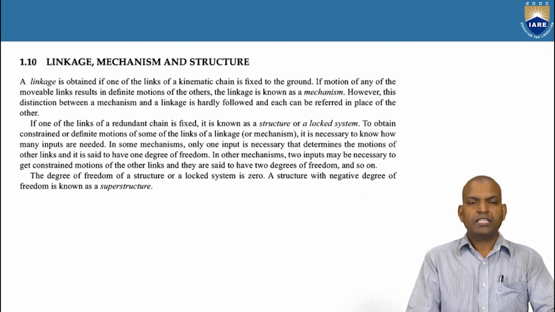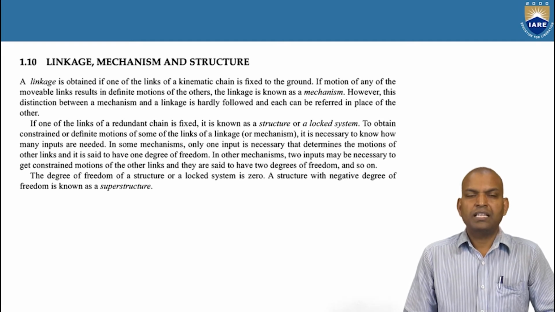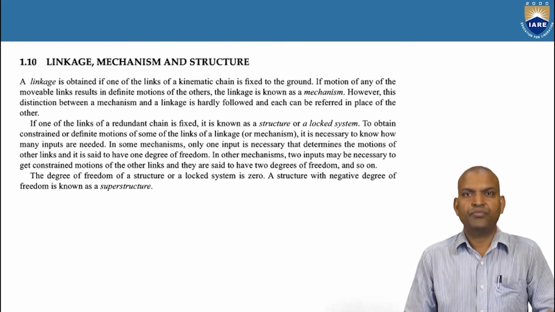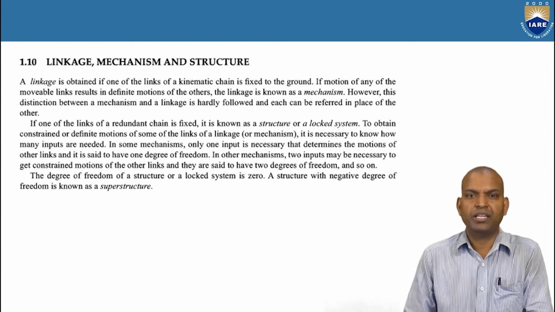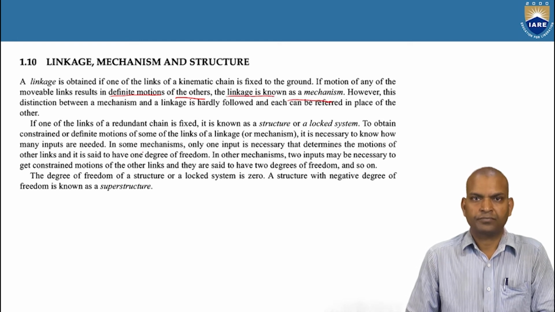Now, what is a linkage? What is a mechanism and a structure? A linkage is obtained if one of the links of a kinematic chain is fixed to the ground. If the motion of any of the movable links results in definite motions of the others, the linkage is known as a mechanism.